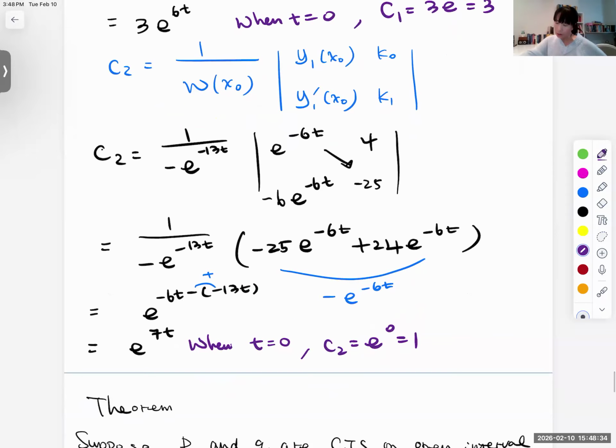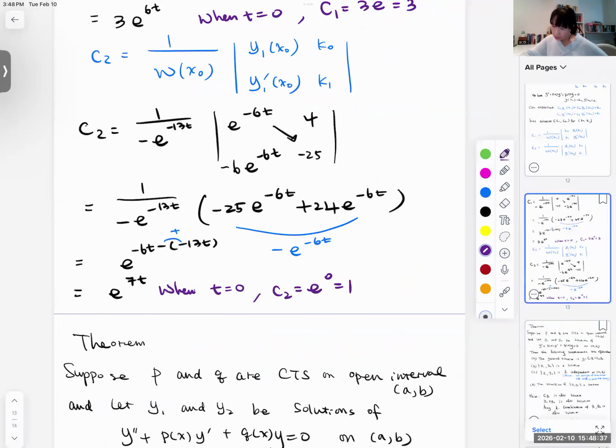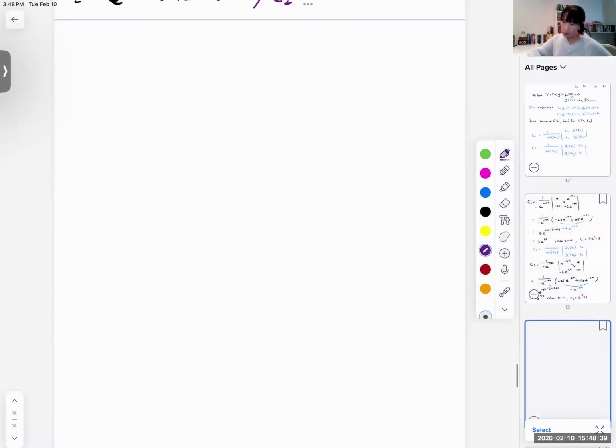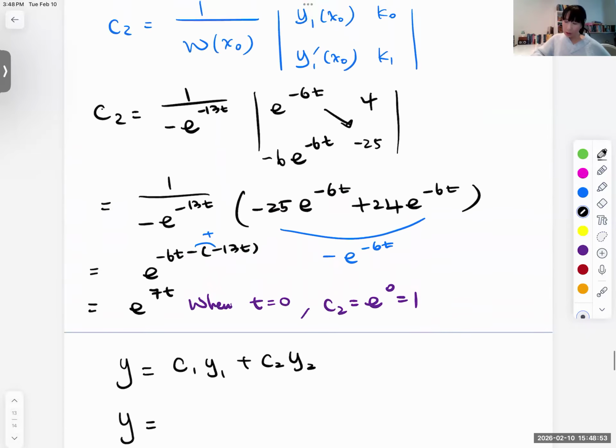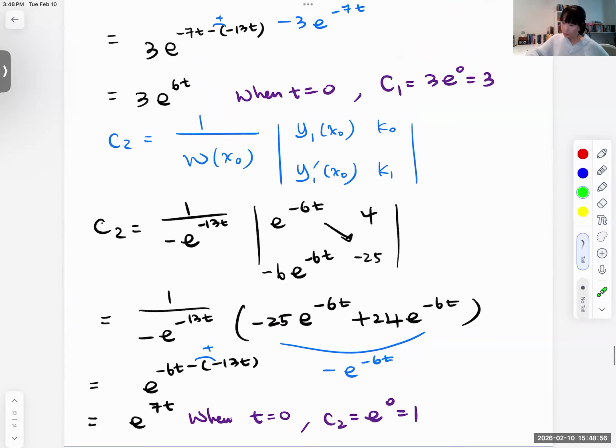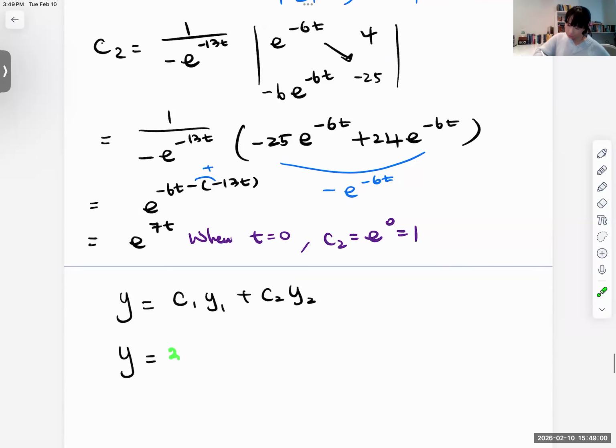Let me make another page then. So we have the linear combination form, right? We have y equal to c sub 1 y sub 1 plus c sub 2 y sub 2. So y equal to c sub 1, we have earlier 3, and then y sub 1.